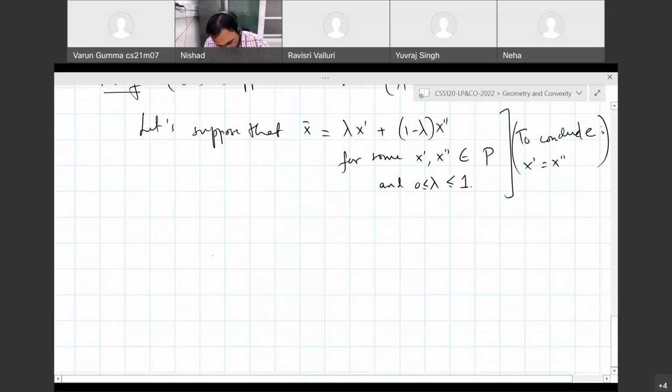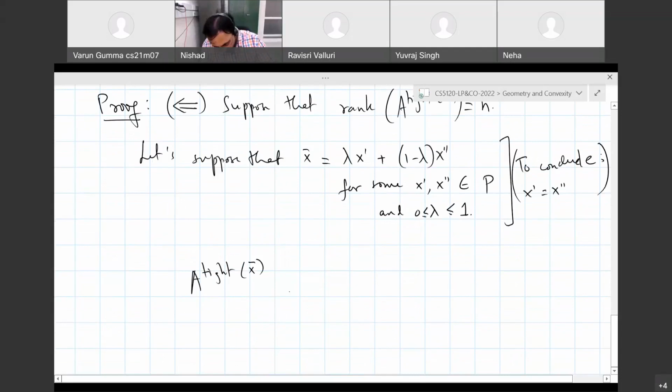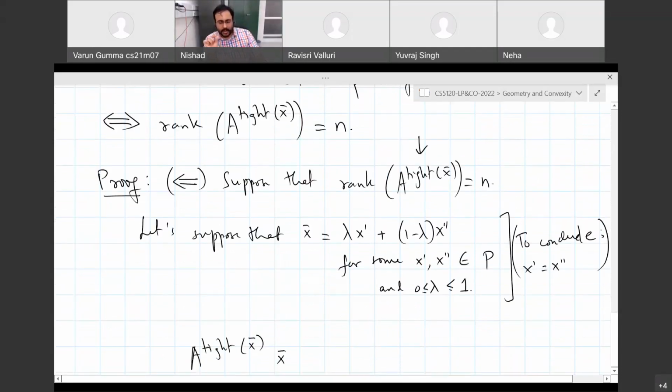So let's say we look at A tight of x bar, and multiplied by x bar. Okay, so we are taking just the tight constraints rows and looking at what happens there.